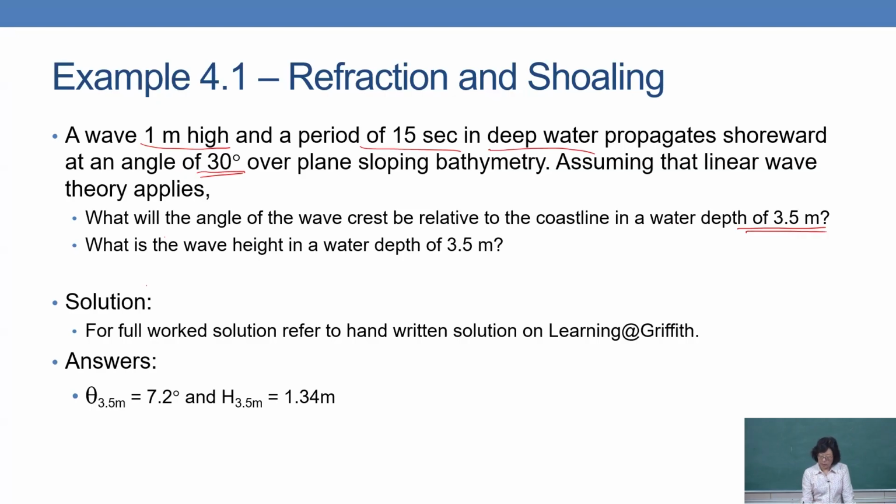Originally, that's in the deep water. Then when it comes to the shallow water, what the angle will be. And the second part, what is the wave height at this 3.5 location? This is a typical wave transformation from deep water to shallow water. Here involves both the shoaling and the refraction. So we will do the calculation on that.